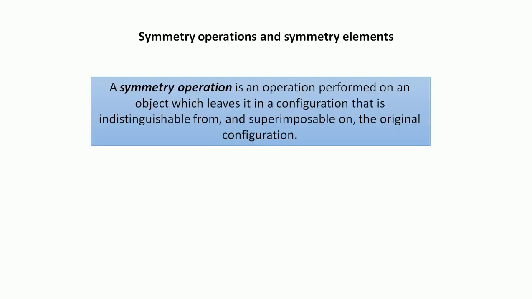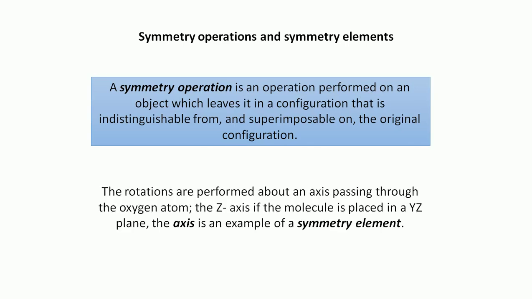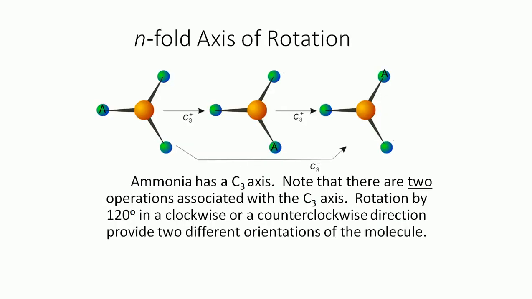So a symmetry operation is an operation performed on an object which leaves it in a configuration that is indistinguishable and superimposable on the original configuration. In the case of ammonia, NH3 molecule that is pyramidal in shape.